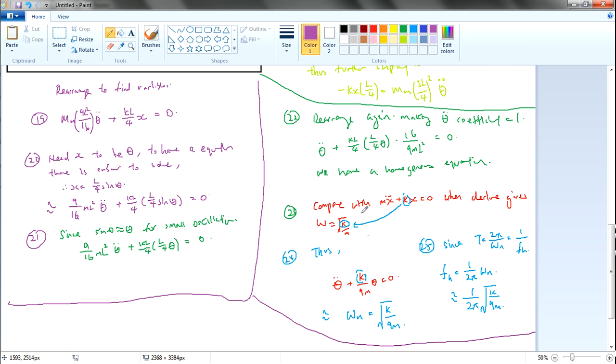And then we compare. If you remember last lesson, this is the equation we have derived, the equation between the mass and the spring constant, using conservation of energy.